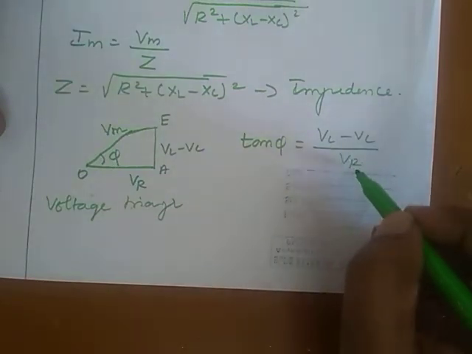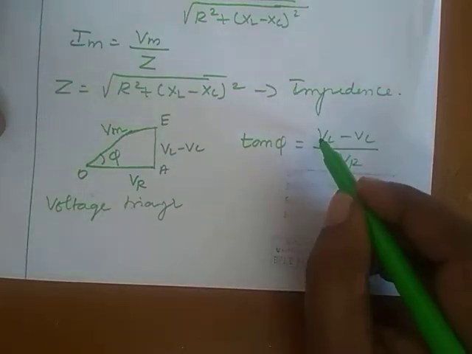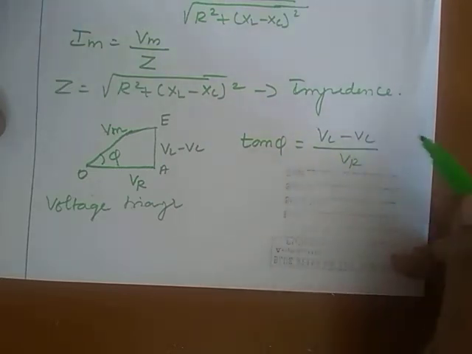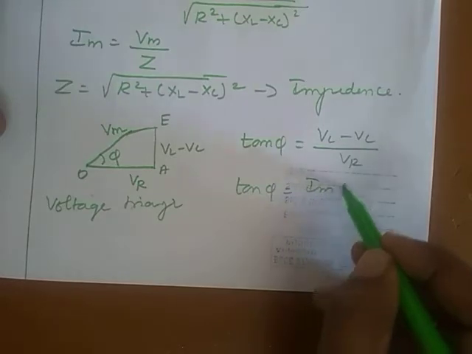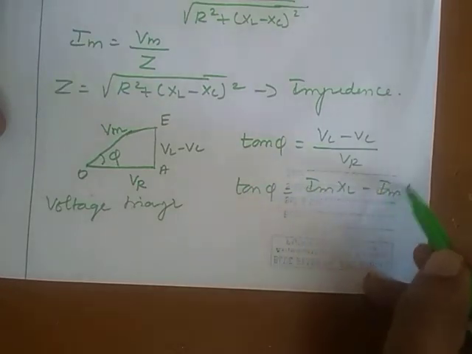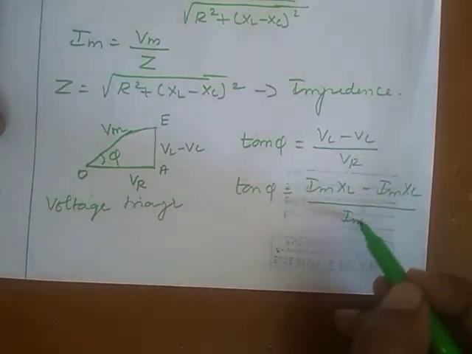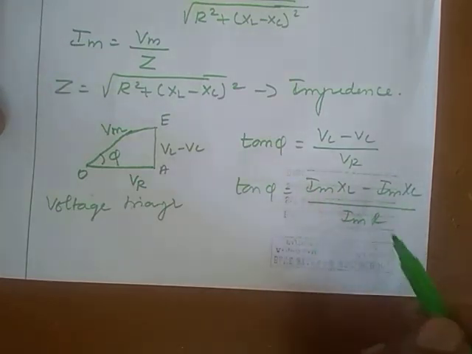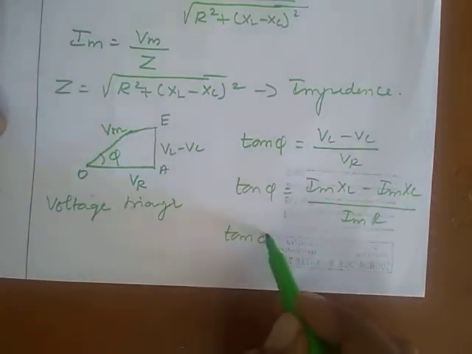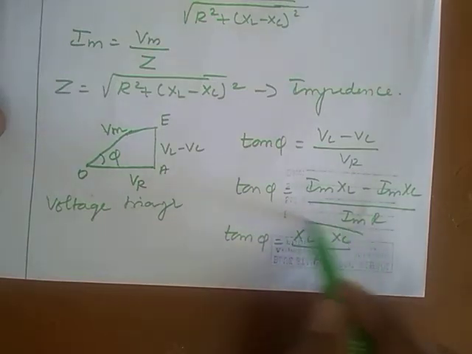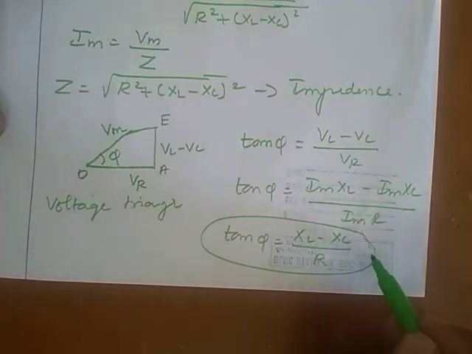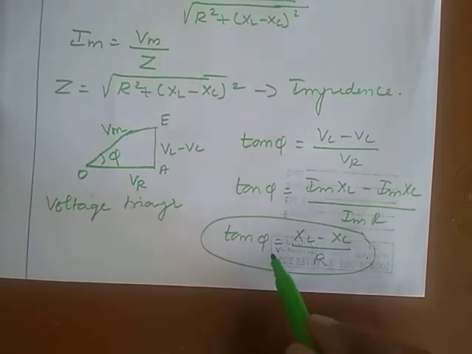With VR equal to Im R, VL equal to Im XL, and VC equal to Im XC, tan phi is equal to Im XL minus Im XC by Im R. On cancelling Im we get tan phi equal to XL minus XC by R. It is an important relation to find the phase angle between the current and the voltage.